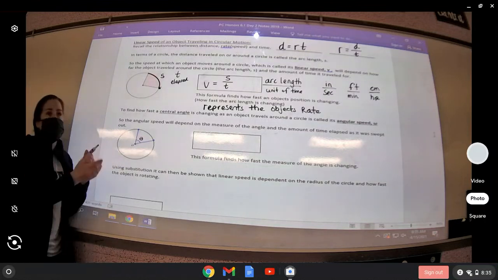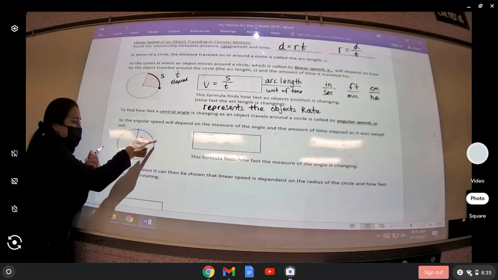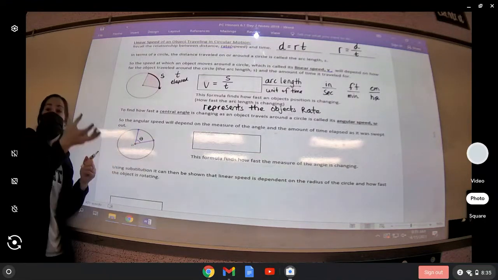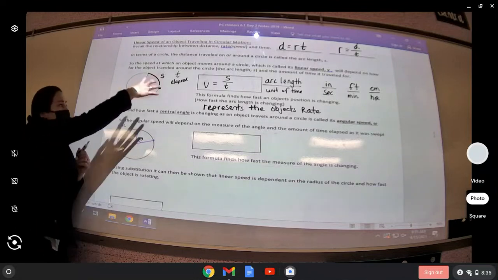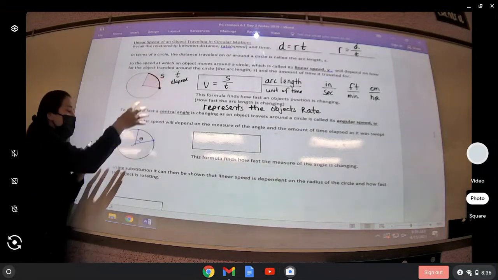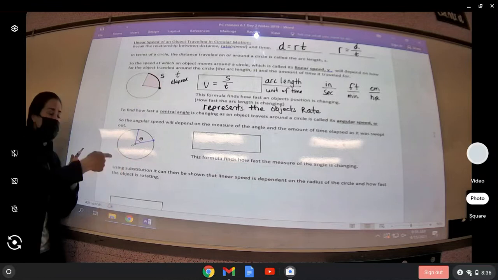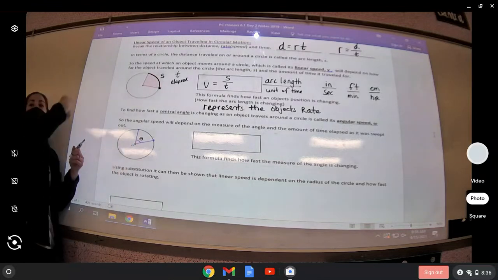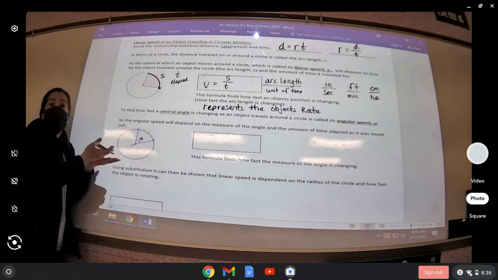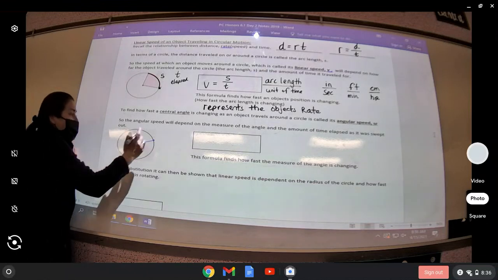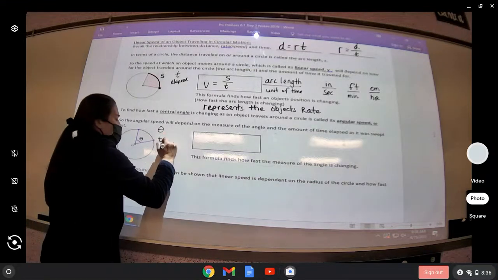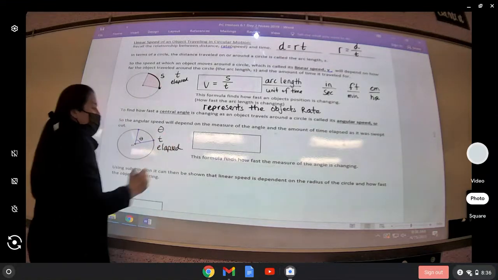Now what the angular speed is going to do is calculate, as that object is moving, how fast the angle inside is being formed. So this is from the object's point of view, and this is from the angle's point of view. What is the rate at which this angle is being swept out or created? In order to calculate that, you have to know how big the angle got and what the time elapsed was.